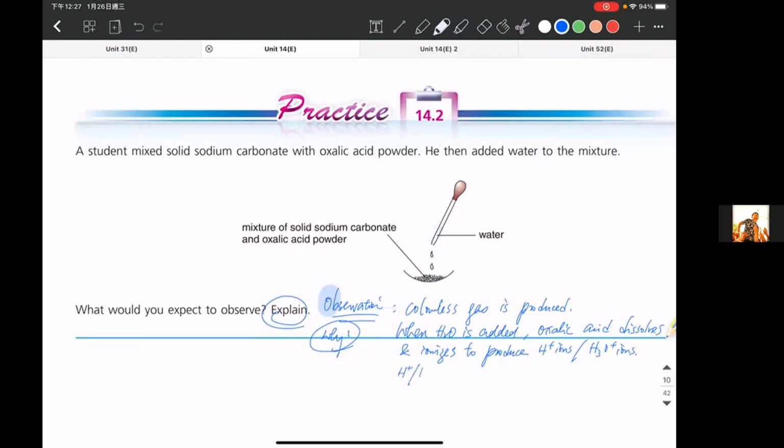Hydrogen ion or hydronium ion, they are responsible for what? The typical properties of an acid.